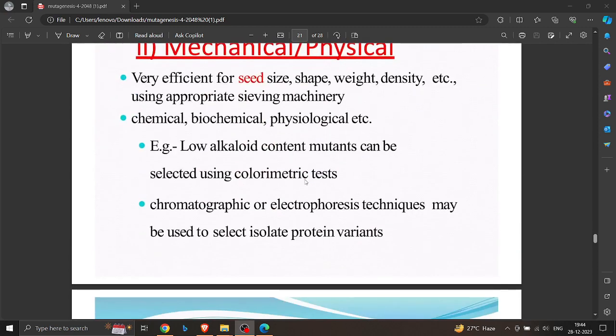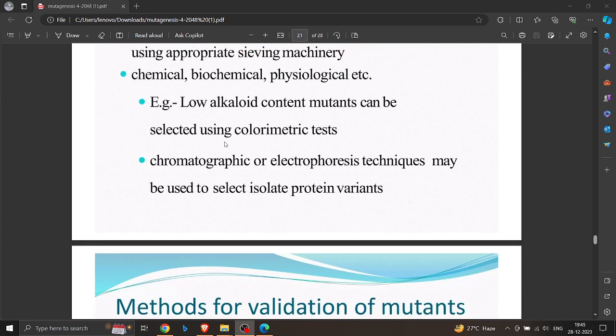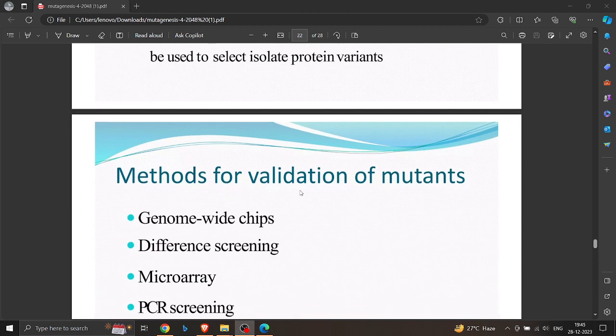Mechanical or physical screening is very efficient for seed size, especially in agriculture, shape, weight, density, etc., using appropriate sieving machinery. Chromatographic or electrophoretic techniques may be used to isolate protein variants.